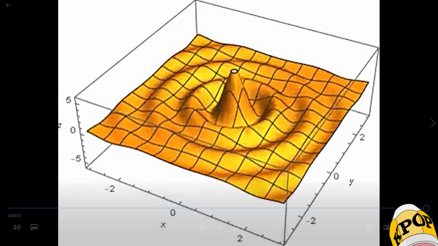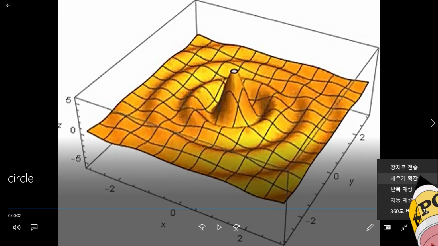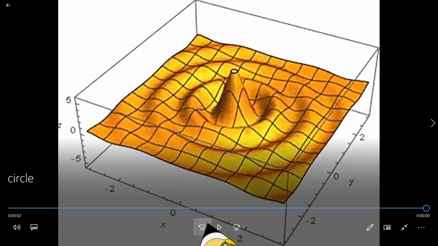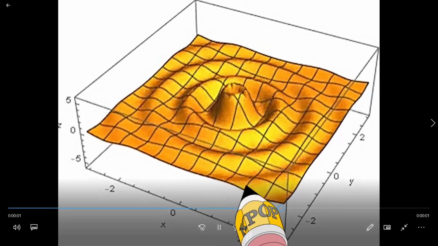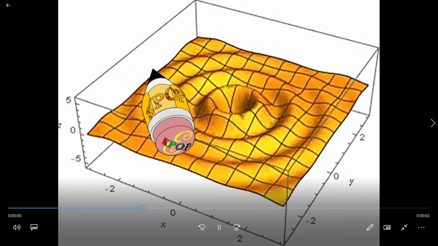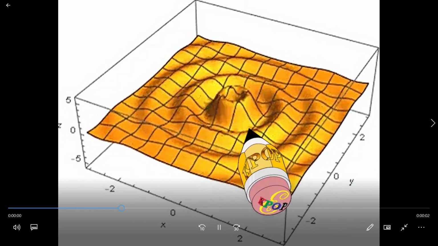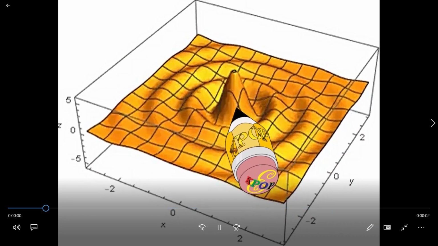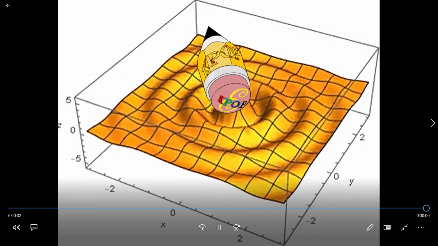For example, this is a wave originating from a certain point on a plane, and we can see the wave propagates from a single point to everywhere.